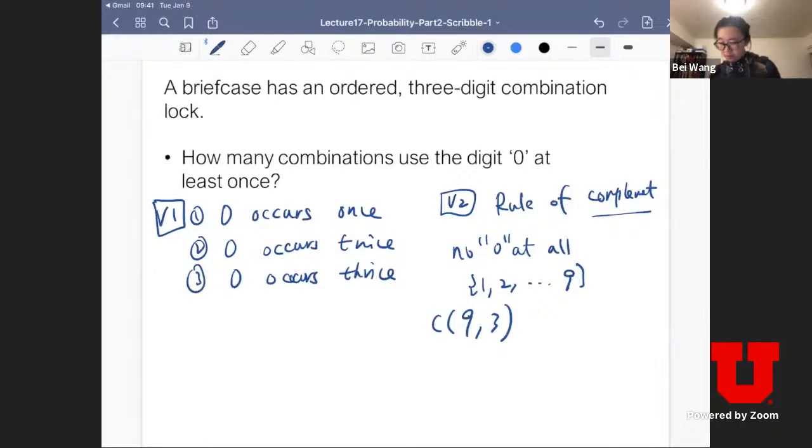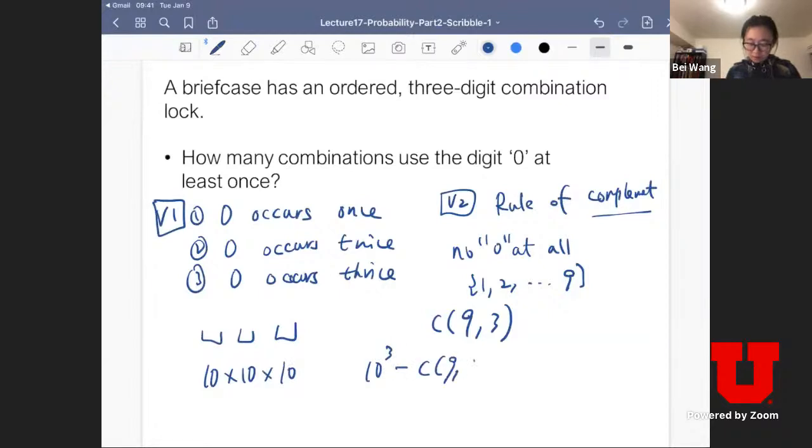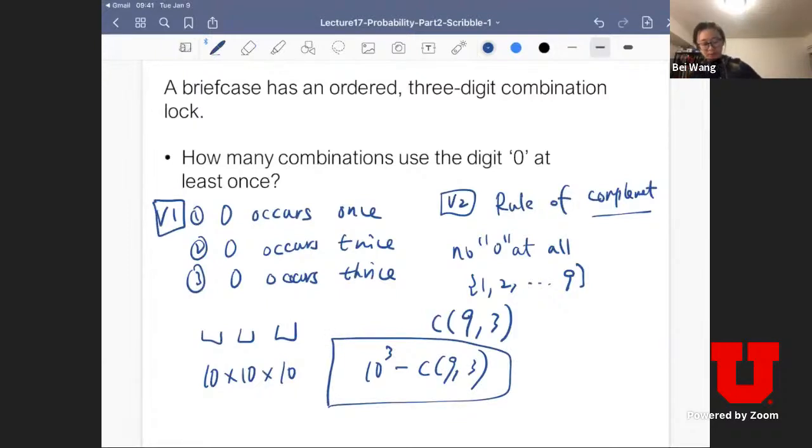But in total, we look at all possible events: for the first location I have 10 choices, for the second 10 choices, for the third 10 choices. So all possible is 10 to the power of 3, minus the situation where no 0 occurs, and then I get the number of combinations using digit 0 at least once.